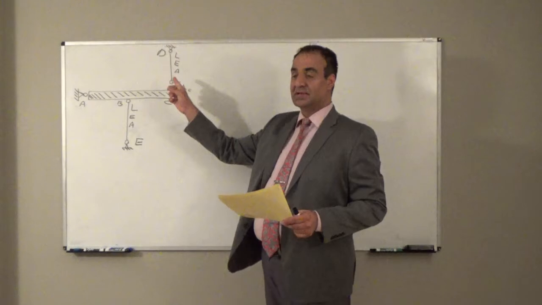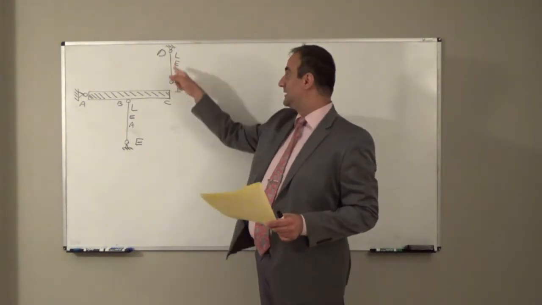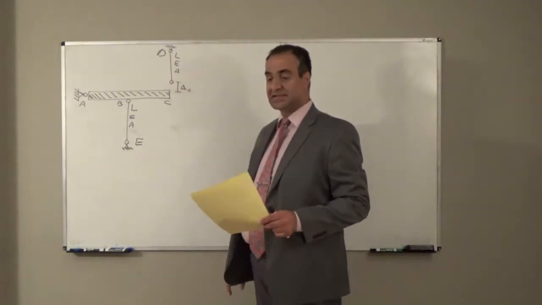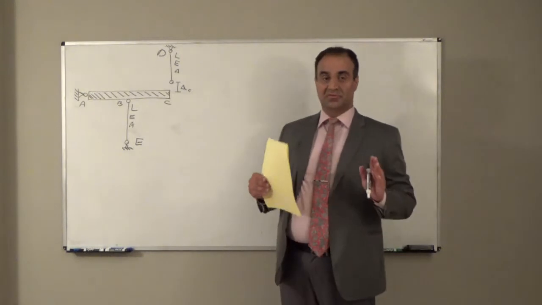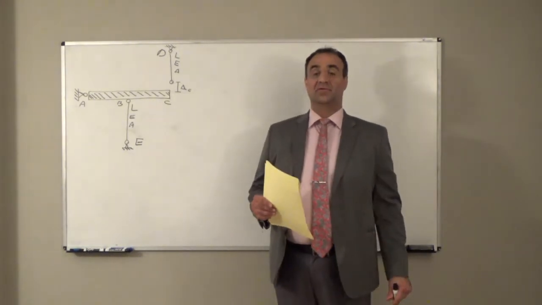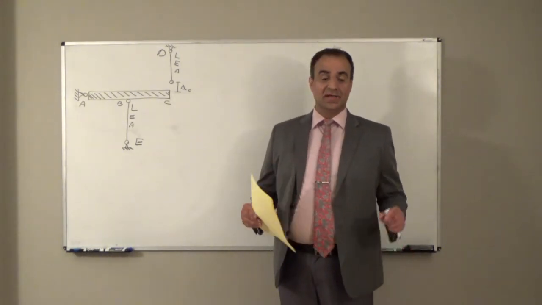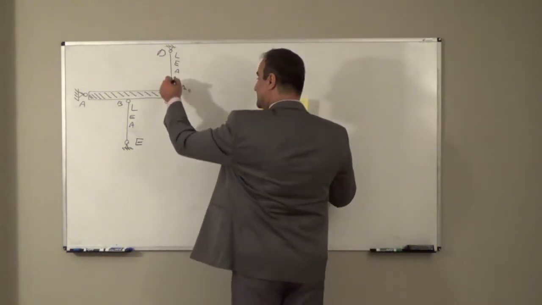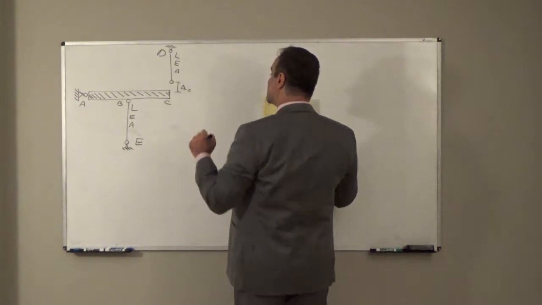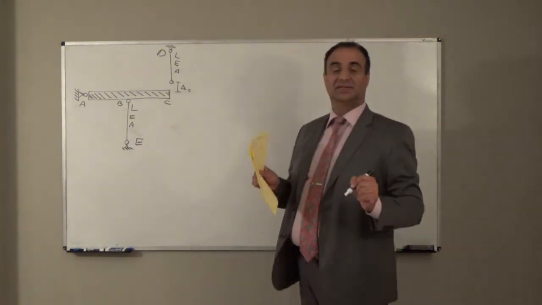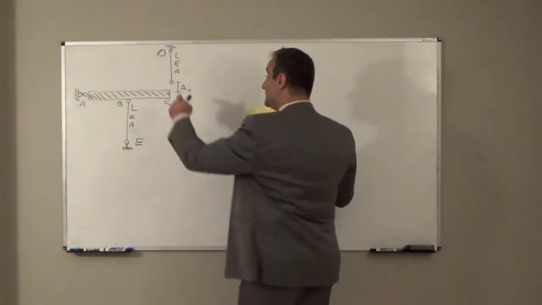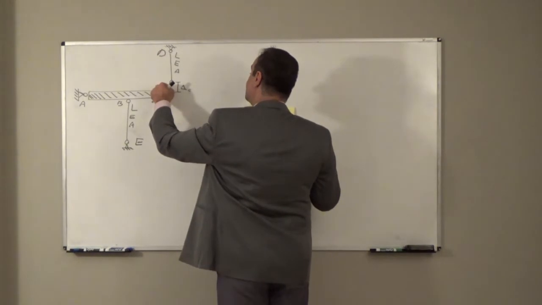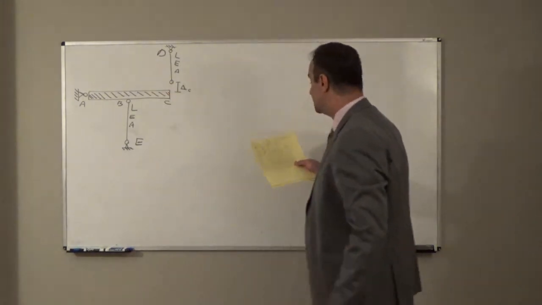The length of DC is supposed to be equal to L, but due to manufacturing error it is a little bit short. And what is this gap? That gap is delta naught, and we know that it is a known value.